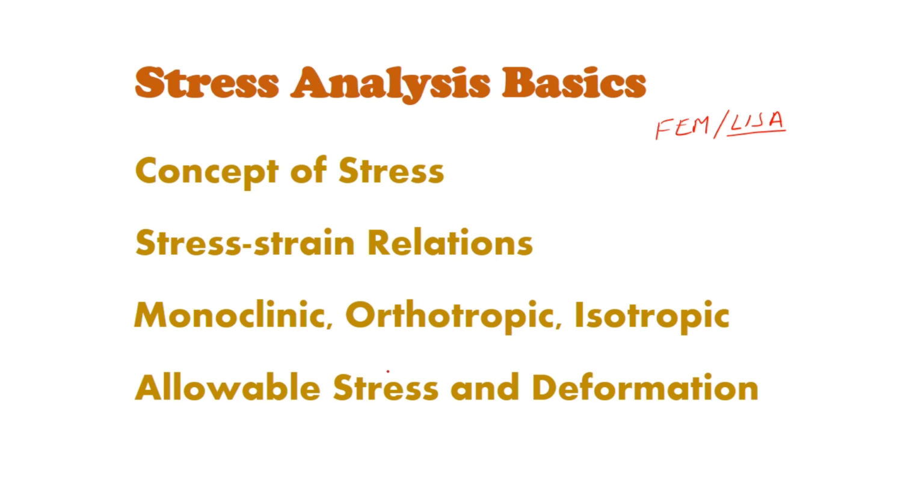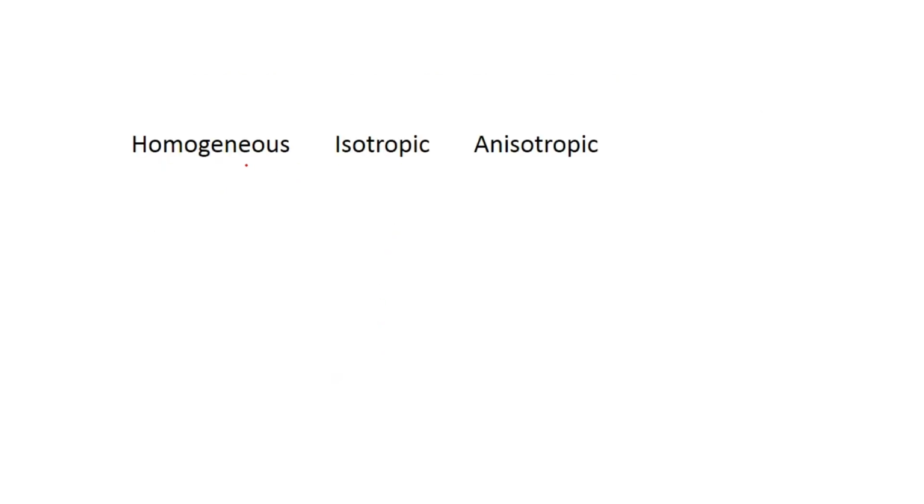So let us begin with these three most important terms that we come across during stress analysis or otherwise, whenever we talk about any material: whether the material is homogeneous, isotropic or anisotropic. The first two terms are more popular, and we use them more often than anisotropic because our analysis largely assumes that the material is homogeneous and isotropic.